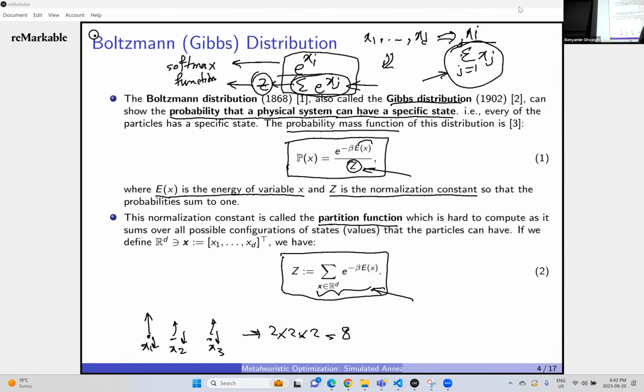So you will have forward and backward propagation, and there are techniques using this to calculate Z. Anyway, that's out of the scope of this course. You can take a look at that offline.